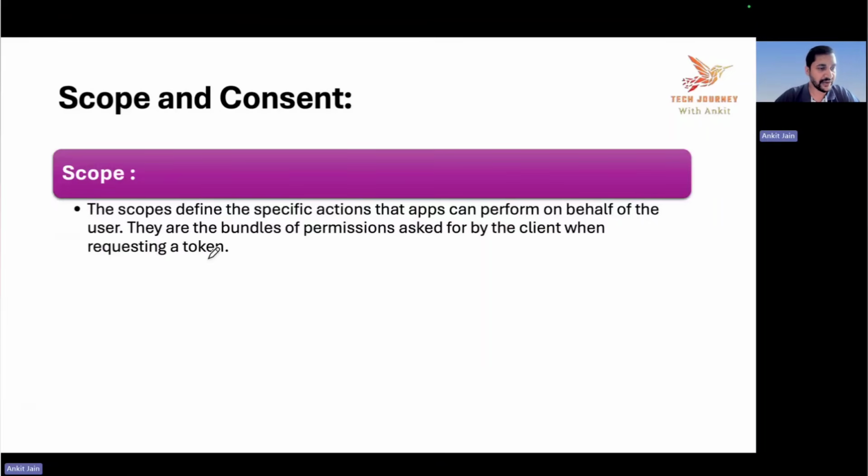So in layman's language, scopes are nothing but bundles of permission. If you don't have the appropriate scope, you cannot perform that action. All those things, the scope and everything, like in Salesforce, we have to define in the connected app. Again, I will walk you through how to define the scopes and how to identify the scopes as well.